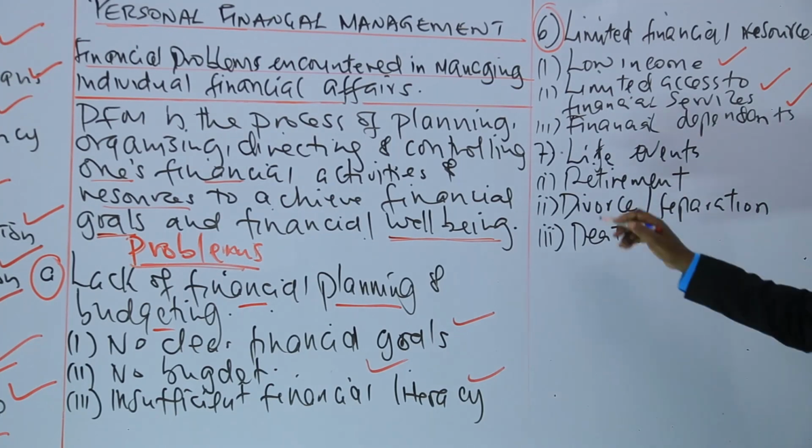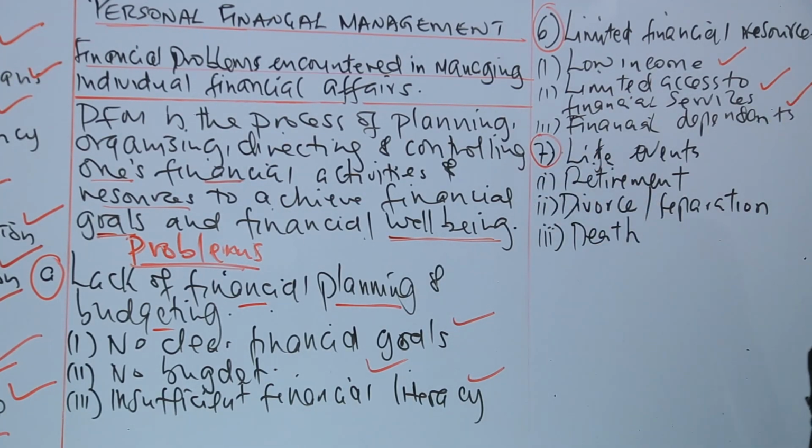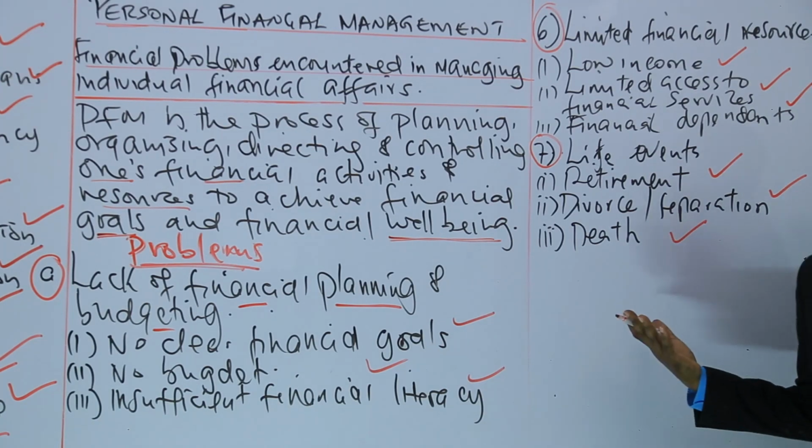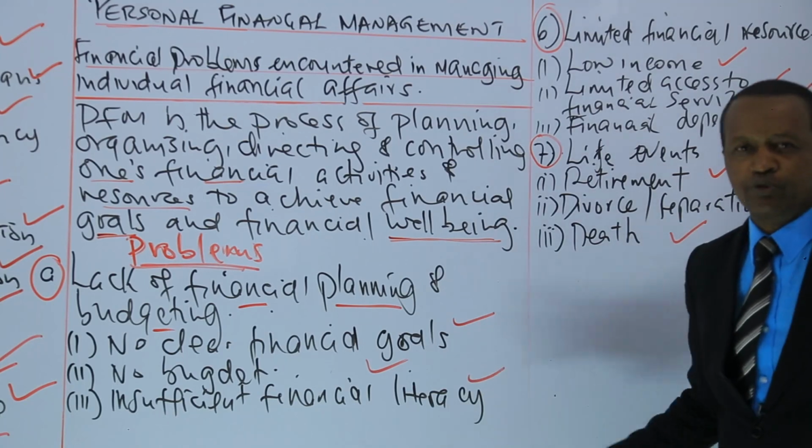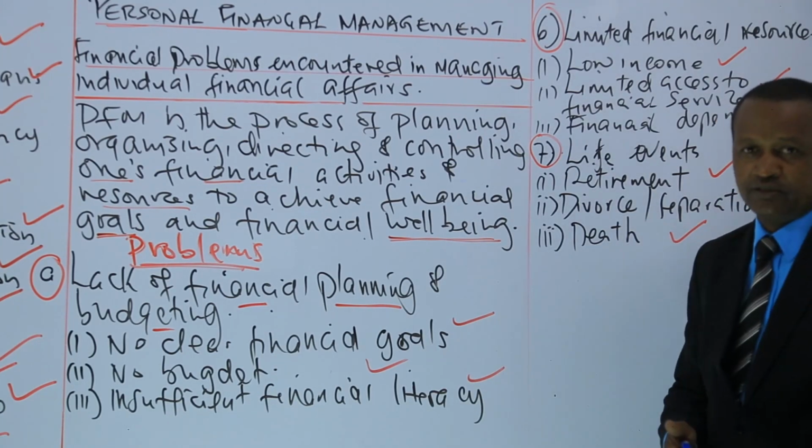Then in closing, we discussed life events like retirement, divorce and separation, and death. So candidates, these are just some of the many financial problems individuals may encounter.